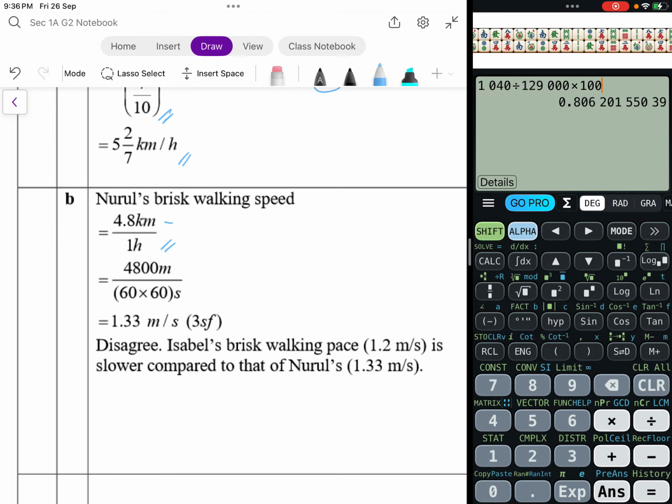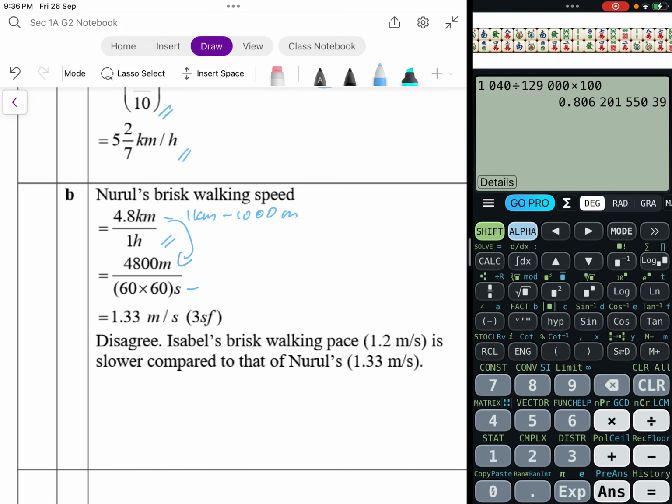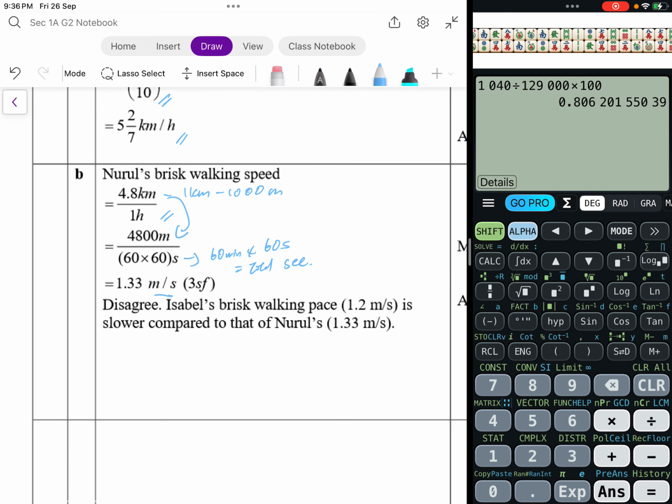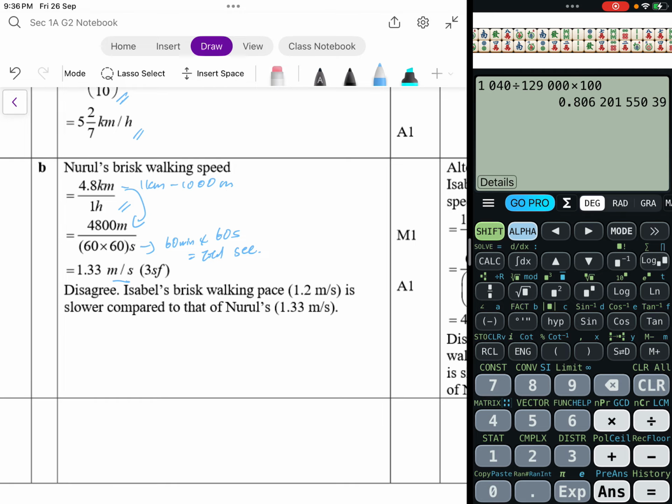So you convert 1 kilometer to 1000 meters, so you get 4800 meters. 1 hour is 60 minutes times 60 seconds to get total seconds. So total distance divided by time to get meters per second, you get 1.33. 1.33 is faster than Isabel's 1.2. So disagree, Isabel's walking pace is slower compared to Noru's.